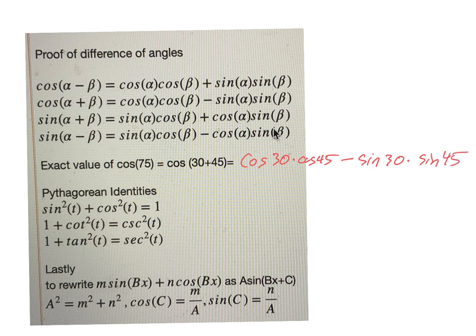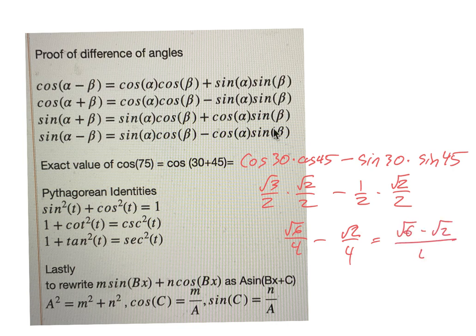And then you'll go, okay, cosine of 30 degrees is the square root of 3 over 2. Cosine of 45 is the square root of 2 over 2. Sine of 30 degrees is a half. Sine of 45 is square root of 2 over 2. So I'll have square root of 6 over 4 minus square root of 2 over 4, which will then just be the square root of 6 minus the square root of 2 all over 4.